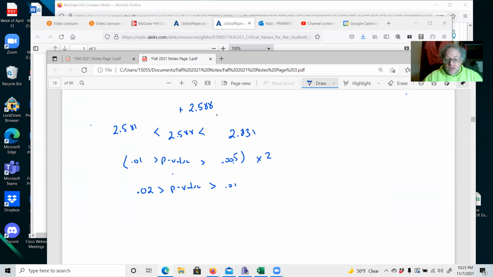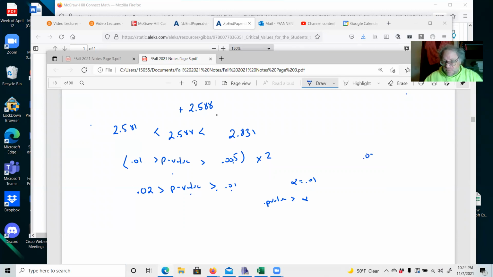Now, if my alpha was 0.01, I know that my p-value is strictly bigger than 0.01. So my p-value is larger than alpha, which means do not reject the null hypothesis. But that's the best that we had.